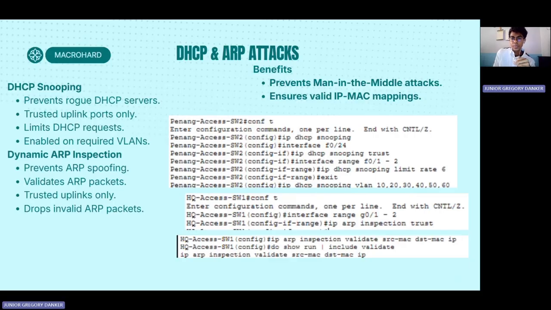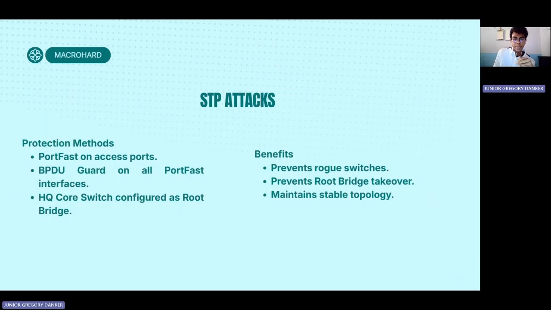Finally, we will also implement IP DHCP snooping on VLAN 10 to 60. Furthermore, for any inter-switch link, IP ARP inspection trust will be configured. We can check it by using the do show run | include validate command to verify that the configuration was applied. And finally, we have the STP attacks.